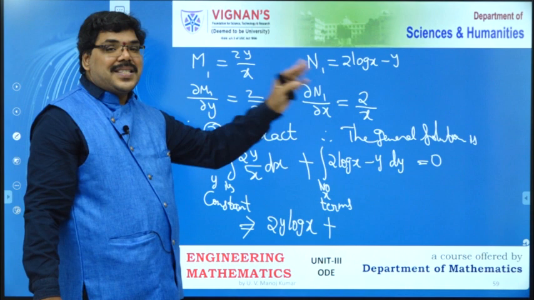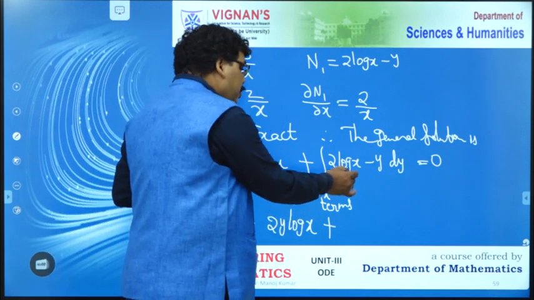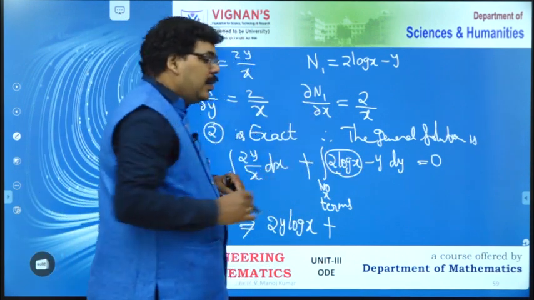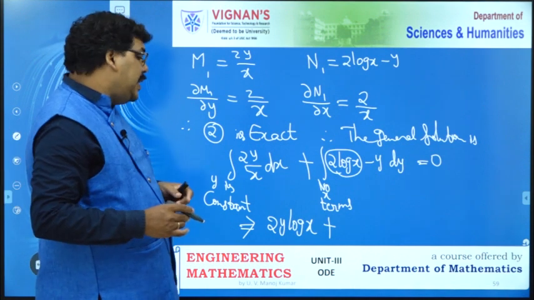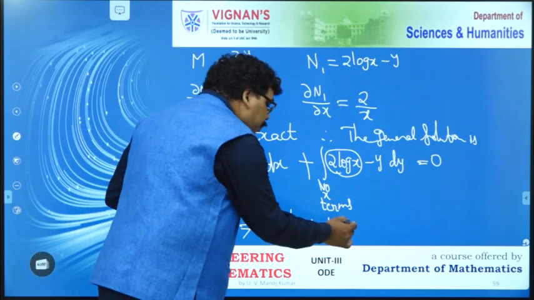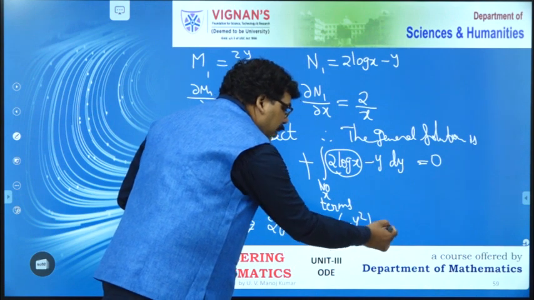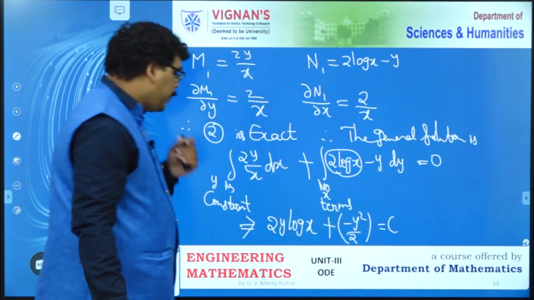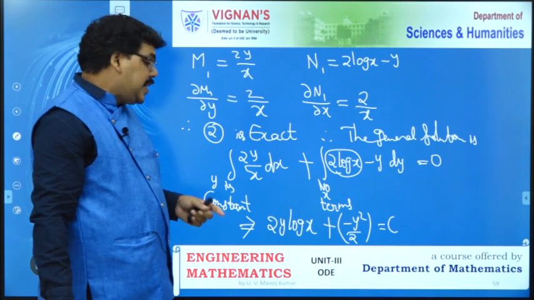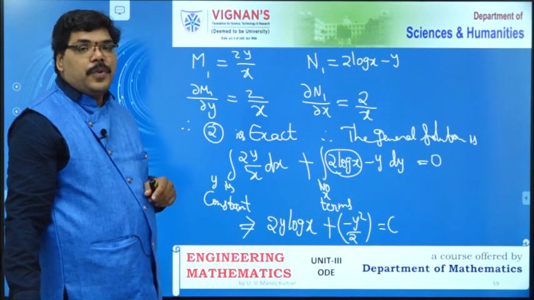Next, no x terms should be there, so omit this one. The integral of minus y is minus y square by 2, equals c. So this is my solution.